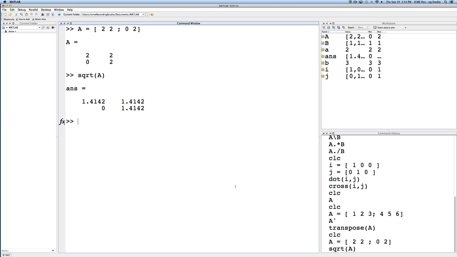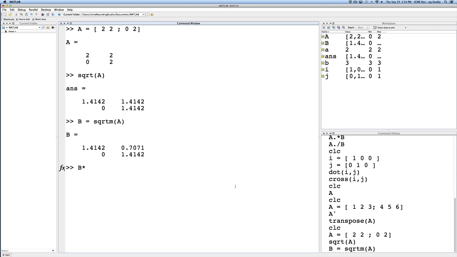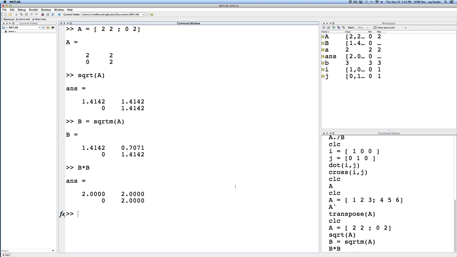The function you would want to use would be sqrtm. We can check that B squared is in fact A.